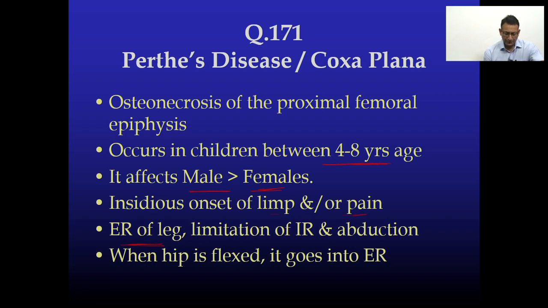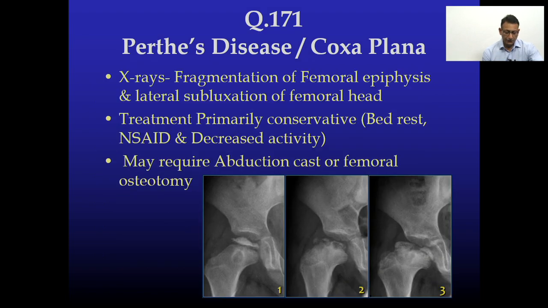The leg will be in external rotation and there will be limitation of internal rotation and abduction. This is a very important feature of Perthes disease, that abduction will be limited. When we try to flex the hip, it will go into external rotation. If you have a look at the X-rays, these are the various stages of Perthes disease as it progresses.